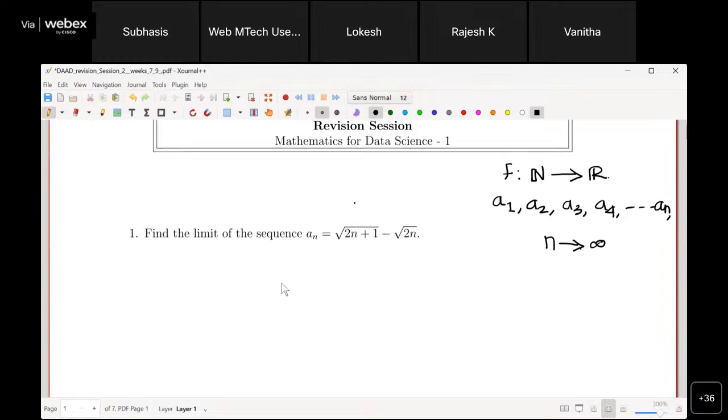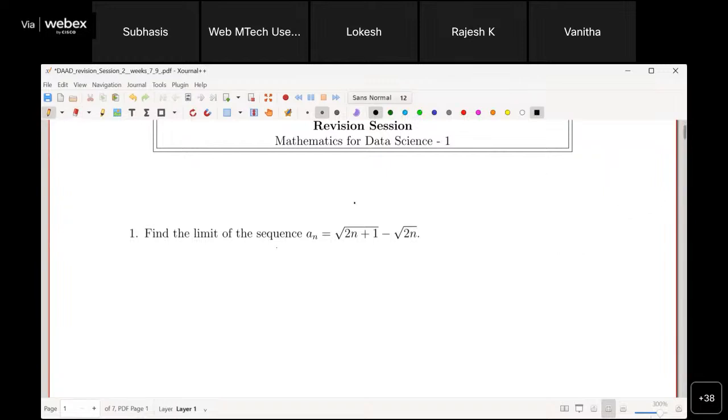In this session, I'm going to discuss all the things related to calculus. If this is not in your syllabus, then I don't see any point in joining the session.